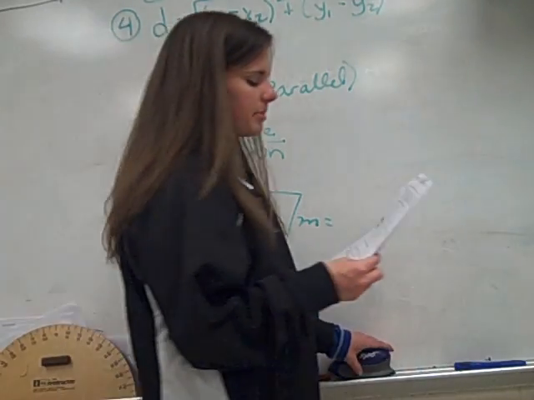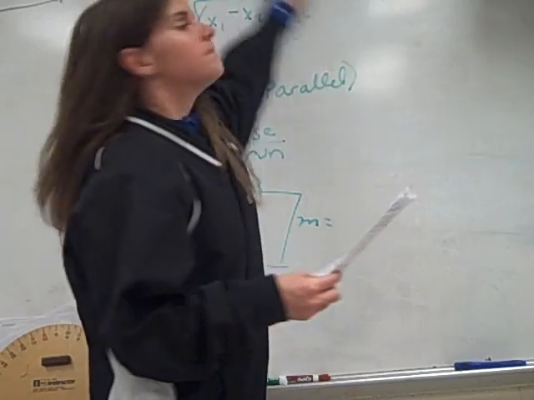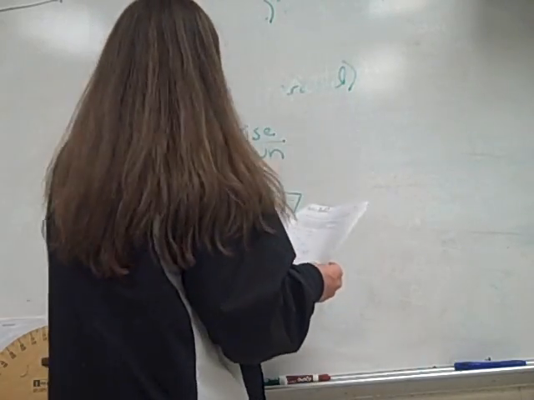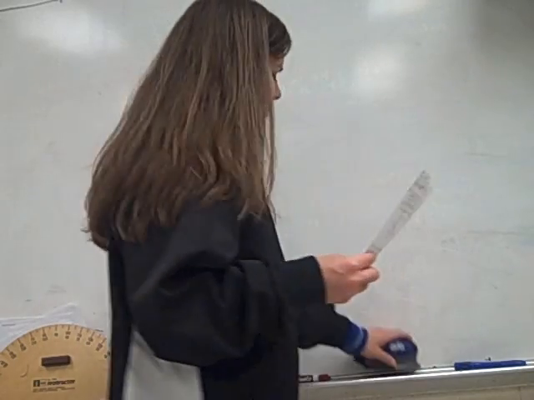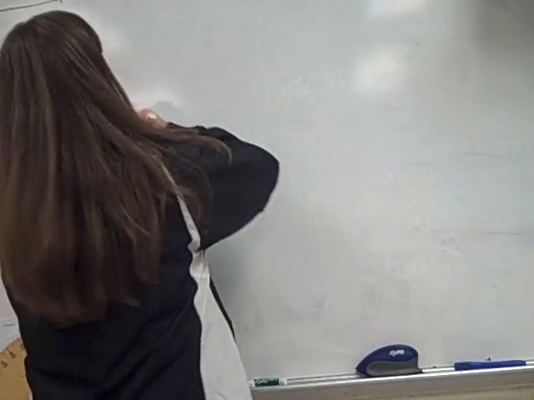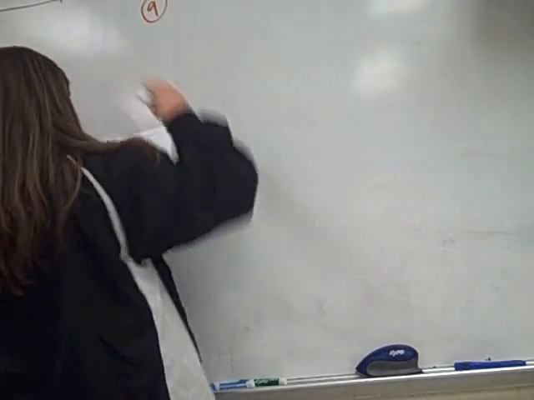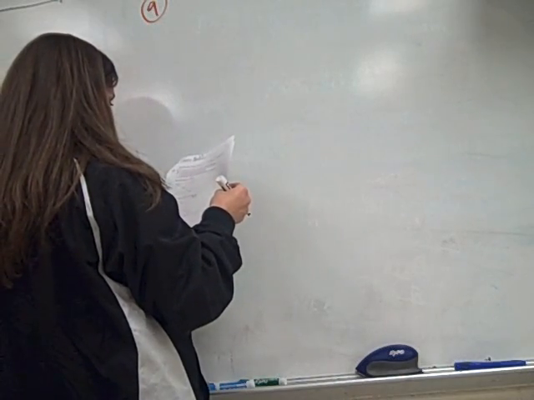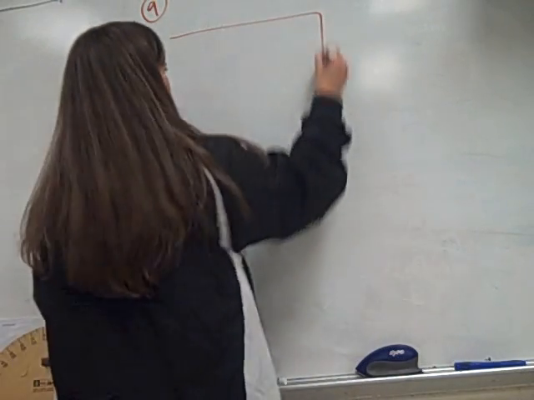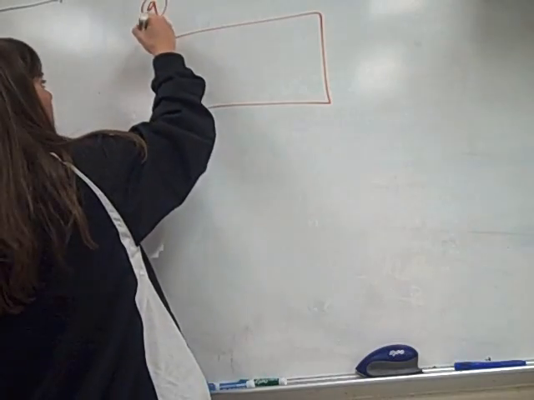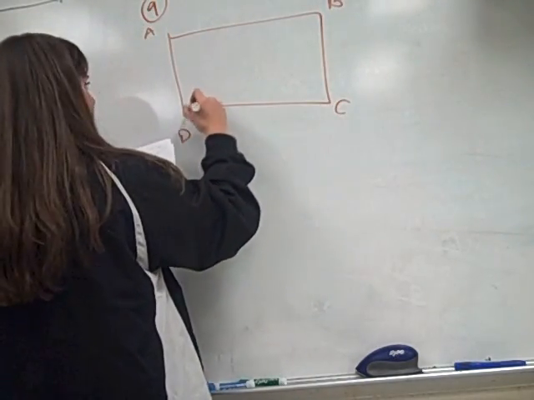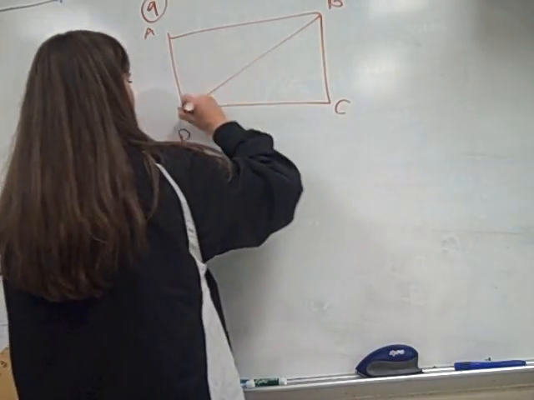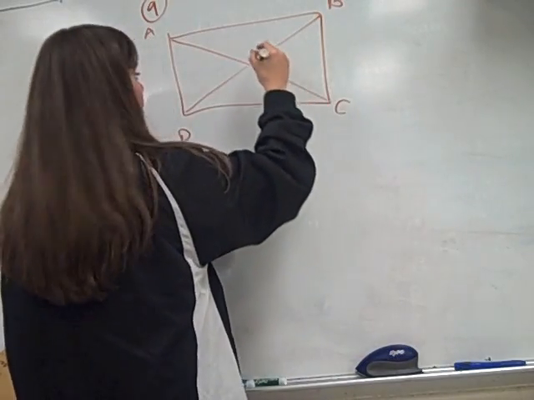All right, let's work number 9. Number 9 goes with this picture right here that they give you. This is a rectangle, and how do you know that? Read very carefully, and they say quadrilateral ABCD is a rectangle.